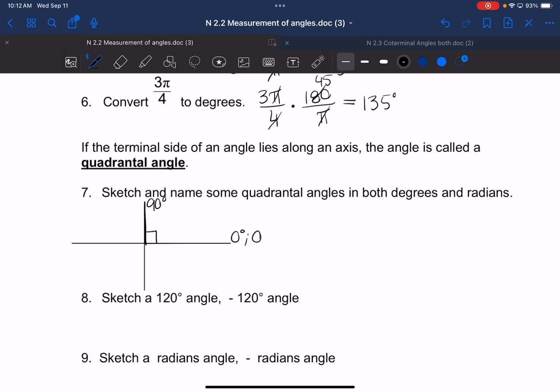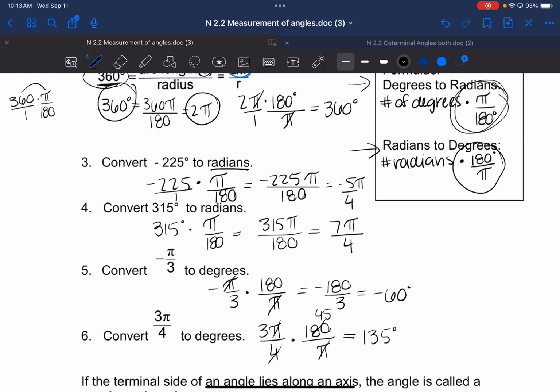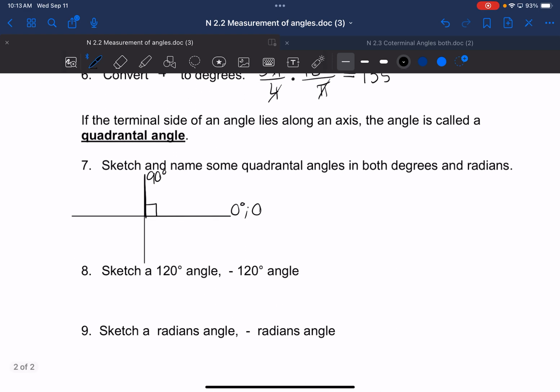Okay, and then if I wanted to convert that to radians, I look up here, remember, I multiply by pi over 180, right? So that's going to end up being 90 pi over 180. What would 90 over 180 simplify to? 1/2. So this in radians would be pi halves.